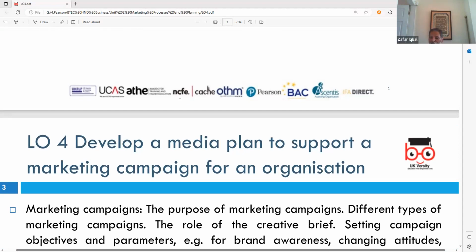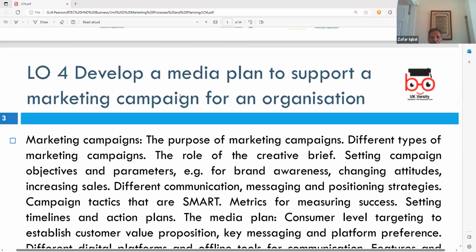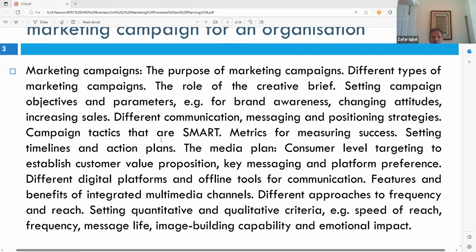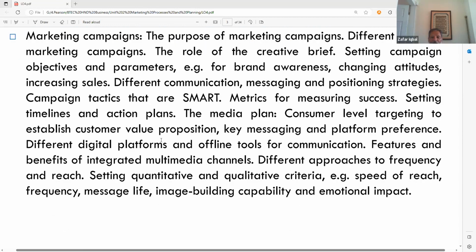We talked about the purpose of the marketing campaign, different types of marketing campaigns, and different marketing media tools. We talked about the budgets, and the platform you can use for communicating your features and your product, making sure your product gets the message across to the right audience at the right time with the lowest possible cost.